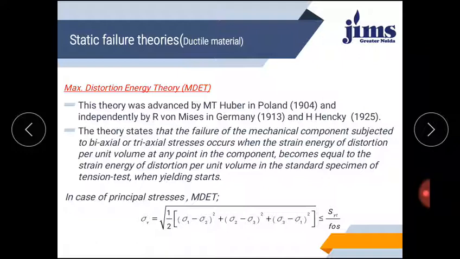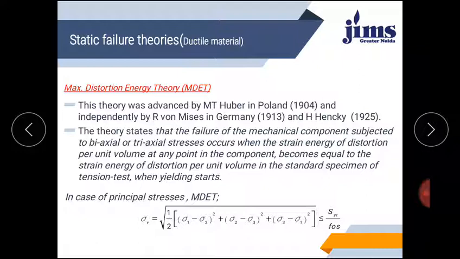Generally von Mises is very popular, and the stress we will calculate will be known as von Mises stress. So it is mainly credited to von Mises for introducing this theory of failure.